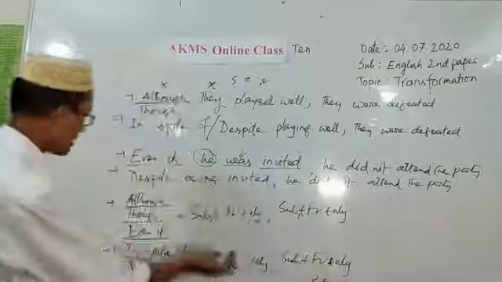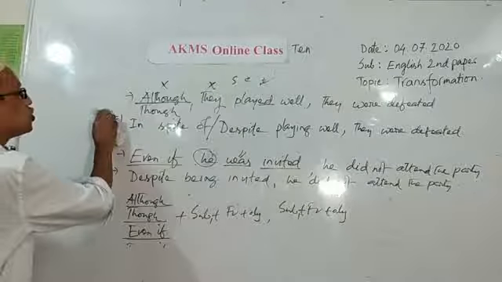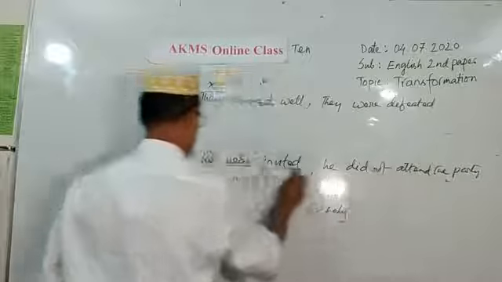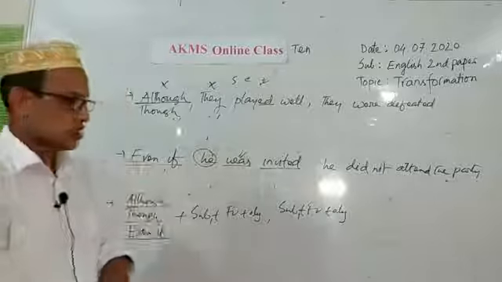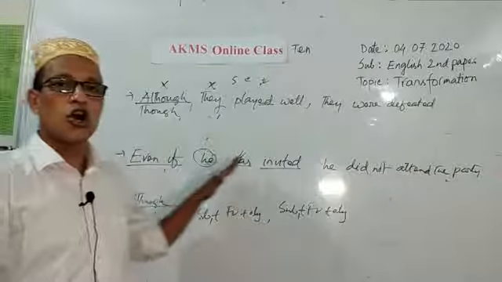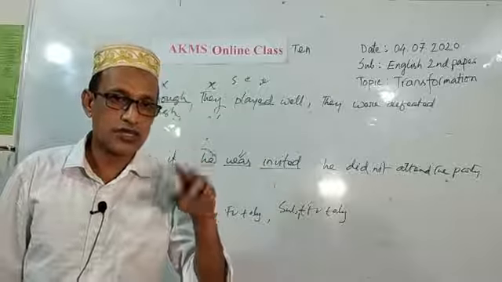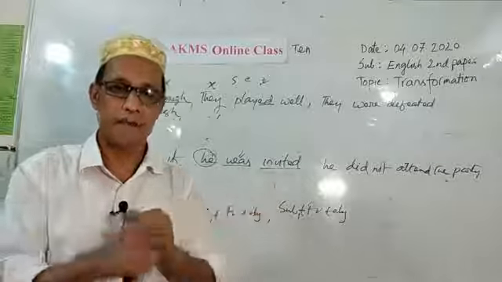Okay? Now, if you are asked to transform it into a compound sentence, how can I do it? Dear students, all of you know that though, although, or even if combine two clauses which express opposite meaning.